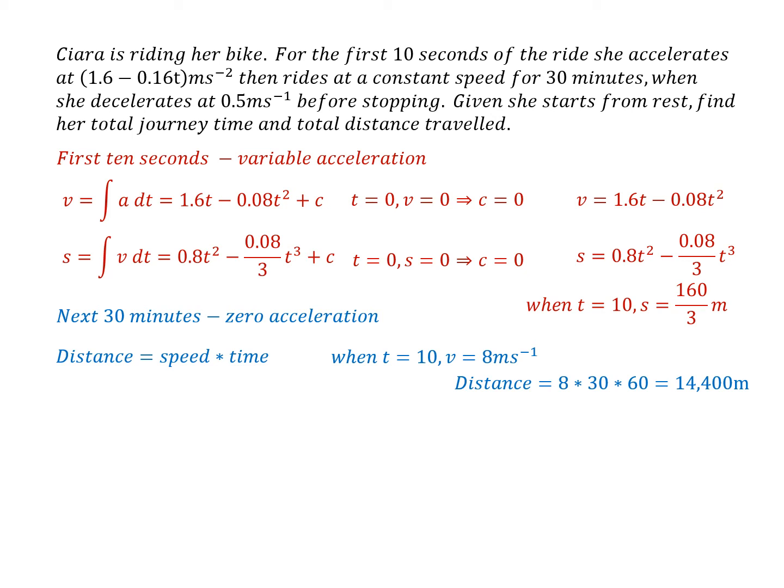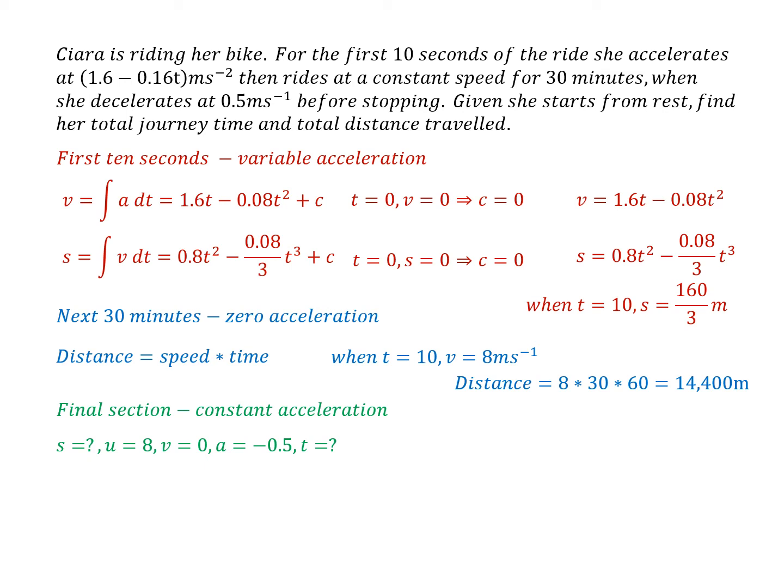Now we move on to the third section of motion. In this section, we're told that we've got a constant deceleration of 0.5 meters per second squared. So we can use our old friends, the SUVAT equations, the constant acceleration formulae.